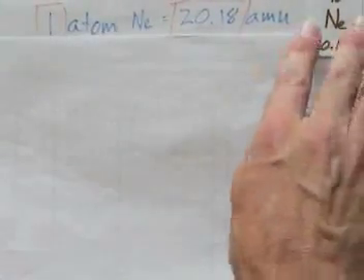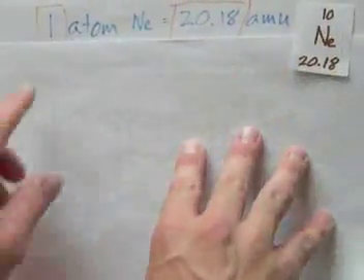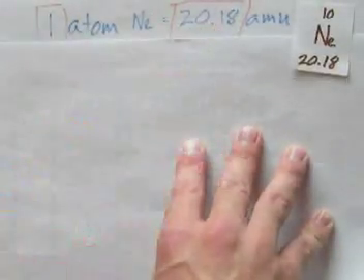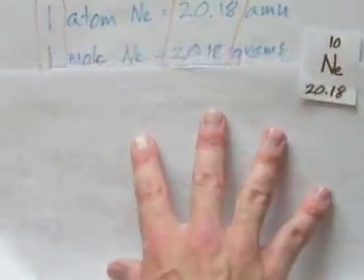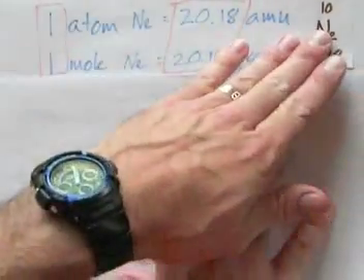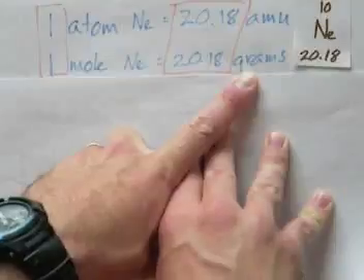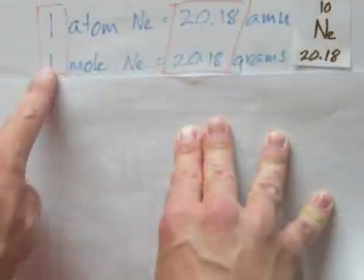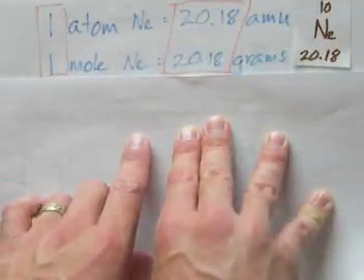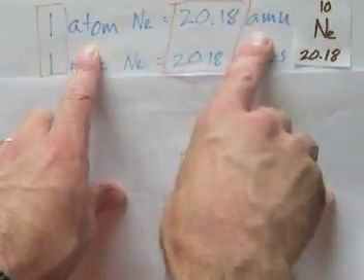The first thing that tells me is 1 atom of neon is 20.18 atomic mass units. But it also means that 1 mole of neon is 20.18 grams. Same numerical value, just a slightly different relationship. Atoms to AMU, moles to grams.